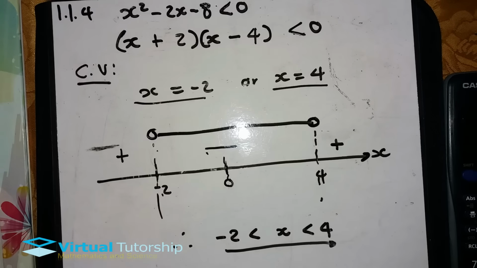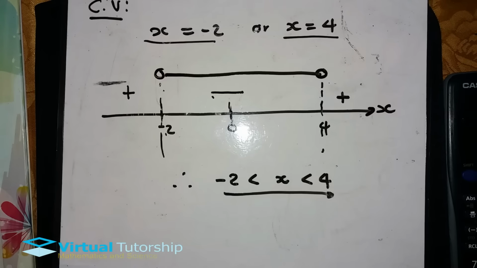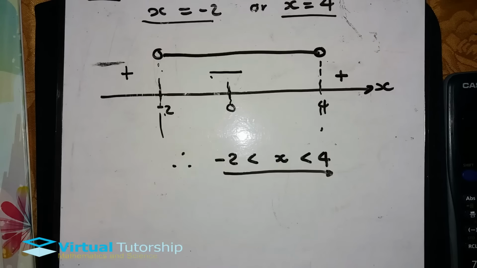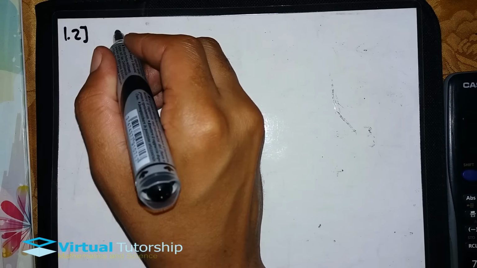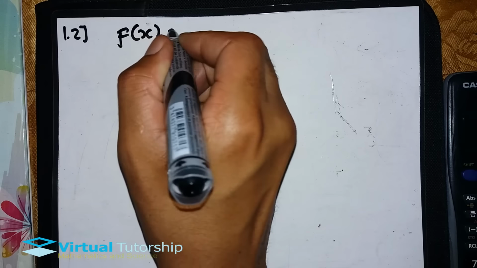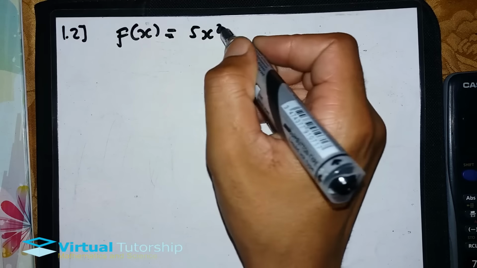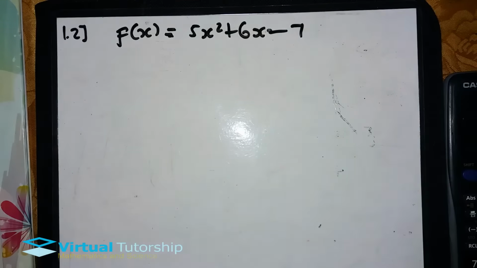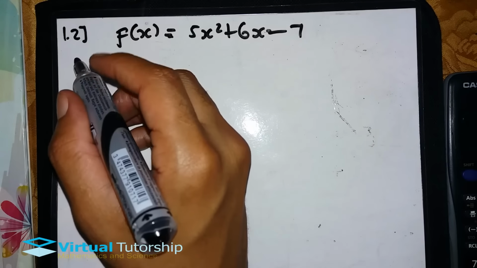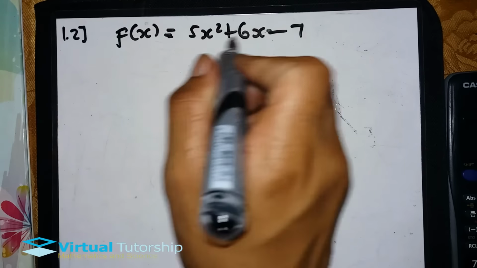Right, now let's do question 1.2, but first I think I erase here. Okay, now we are given f of x, where f of x is equal to 5x squared plus 6x minus 7. So we must answer the following questions based on this function.